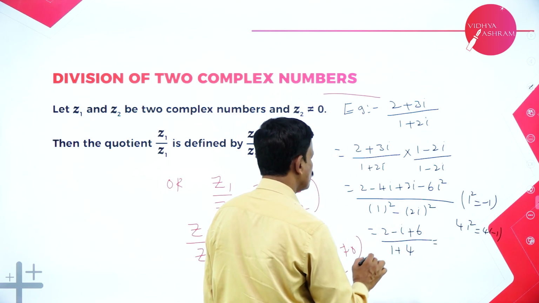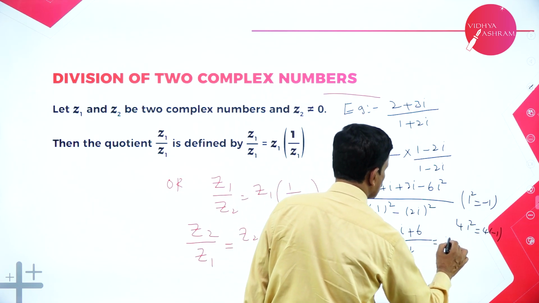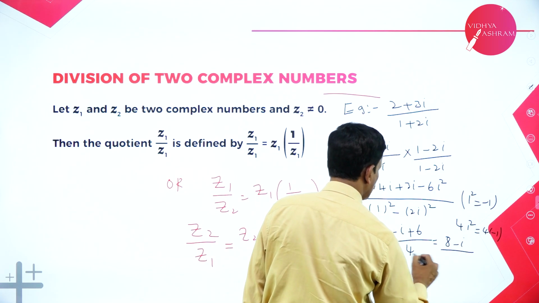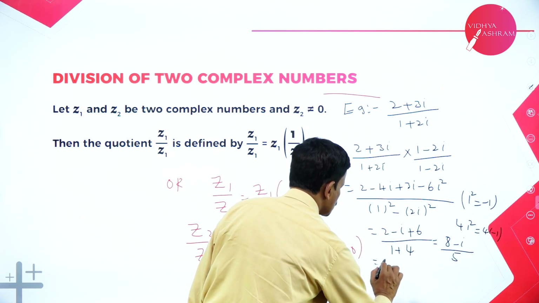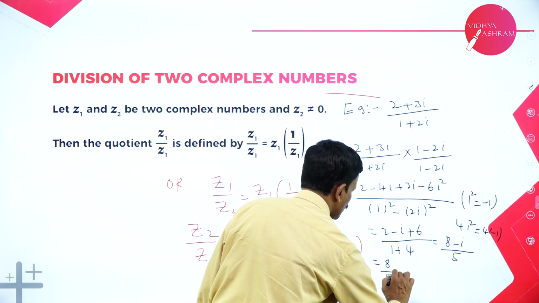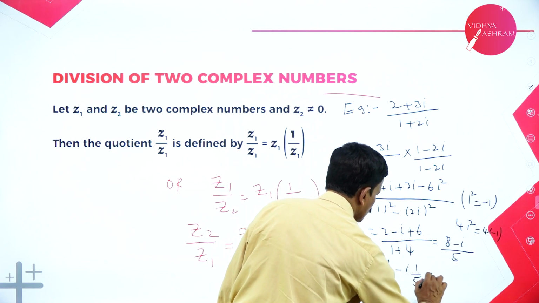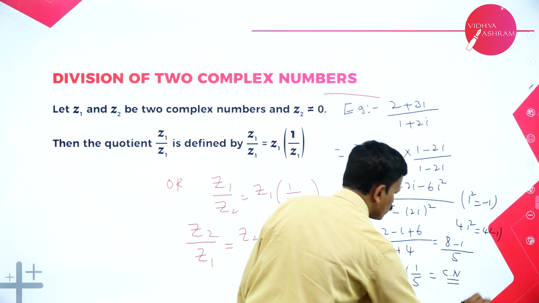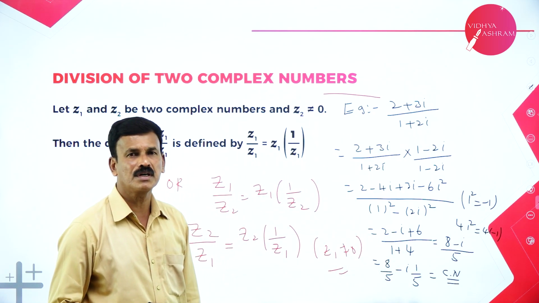Therefore this can be written as 2 plus 6 is 8, minus i, divided by 1 plus 4 is 5. This can be written as 8 by 5 minus i into 1 by 5, again a complex number. This is how we are going to divide a complex number.